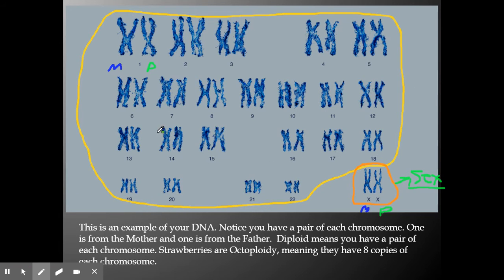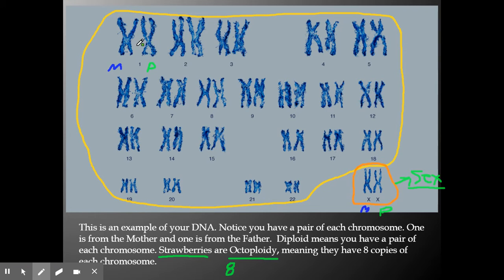Humans, this is a set of human chromosomes, and the way you know that is because we have two sets here of chromosomes. Notice you have a pair of each chromosome, one from mom and one from dad. Diploid means you have a pair of each chromosome. Strawberries, on the other hand, are octoploid, meaning they have 8 copies of each chromosome.